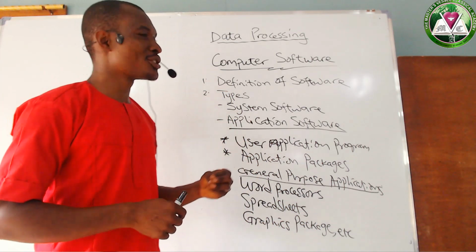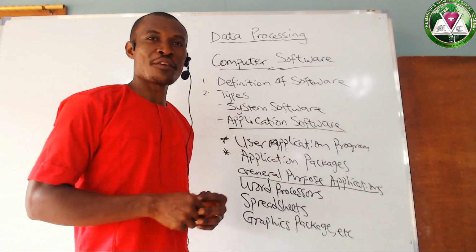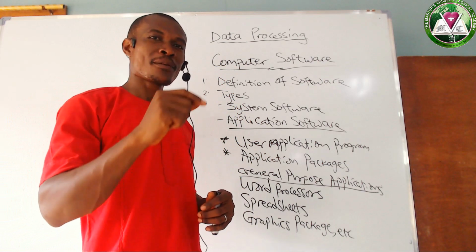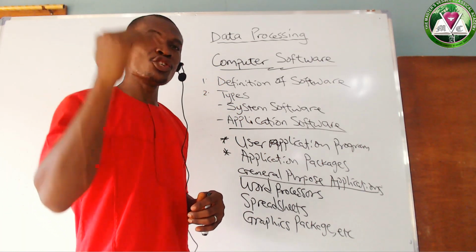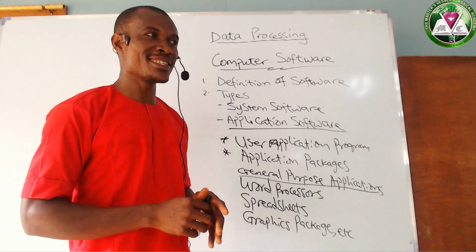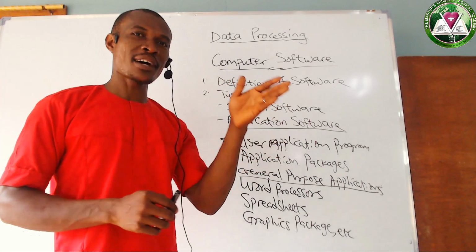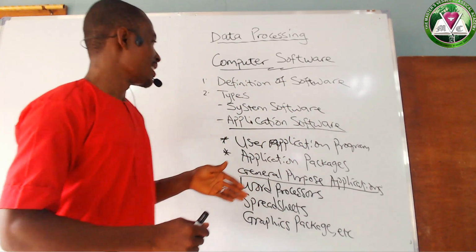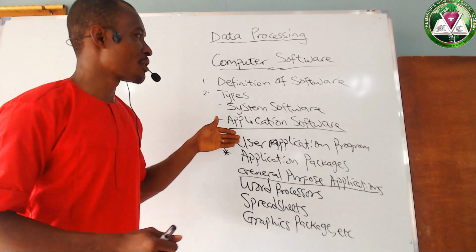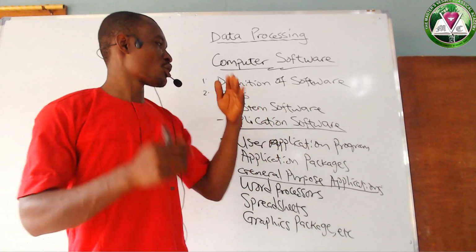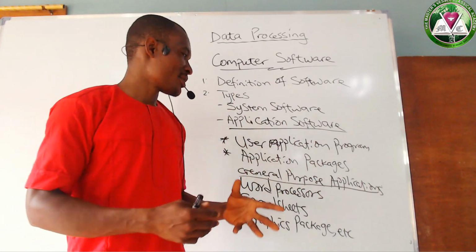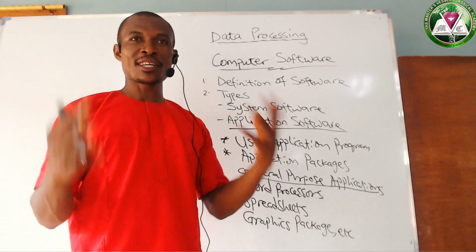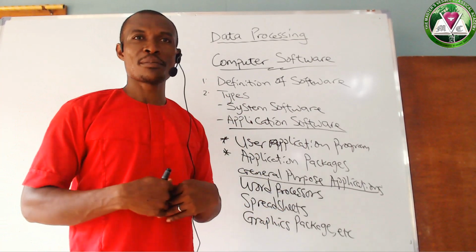You can mention functions of the operating system, and give some features of the GUI operating system: the presence of icons, drop-down menus, and dialog boxes. Then you can classify application programs into user application programs and application packages, and application packages into specific packages and general purpose packages.